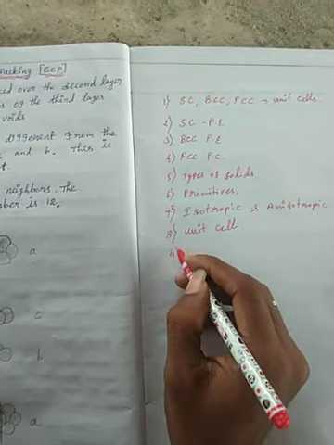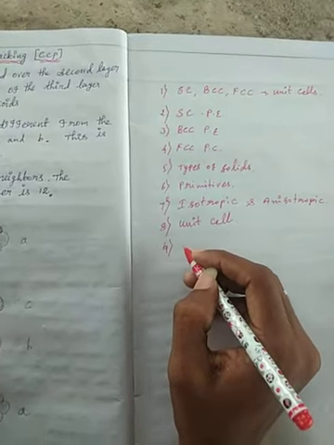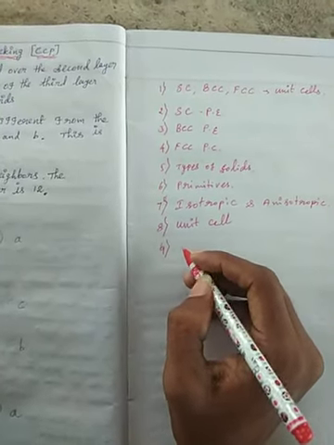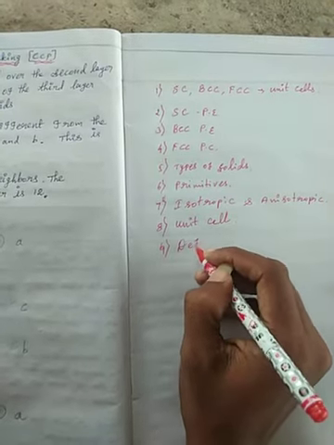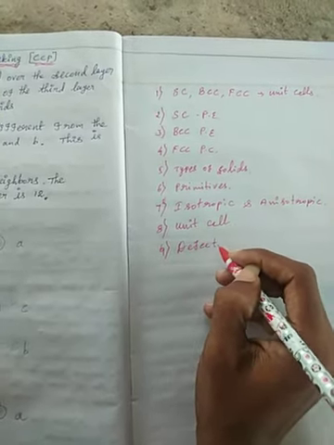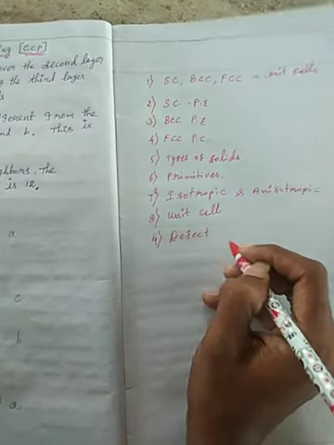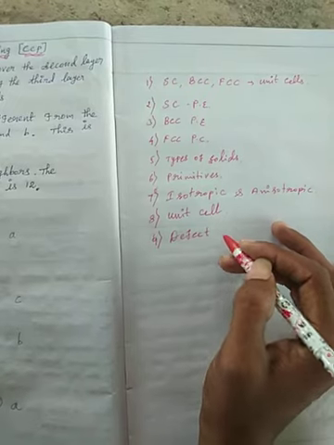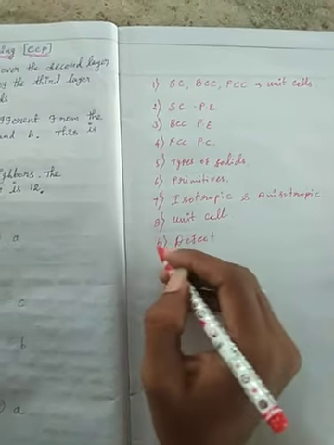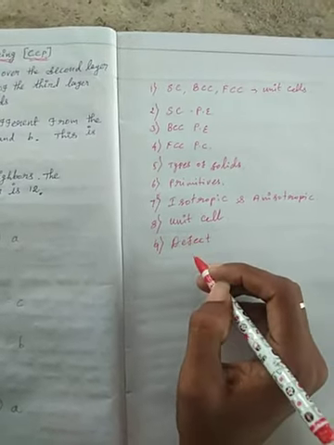And the last one, the types of defects. The most important ones are Schottky defect, Frenkel defect, metal excess defect, metal deficiency defect and point defect. These are the most important questions for solid state.